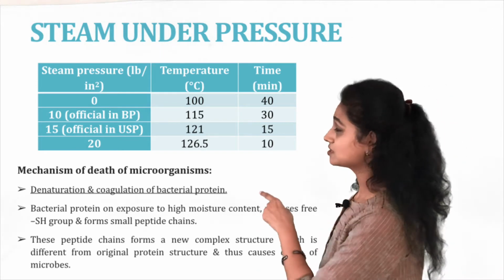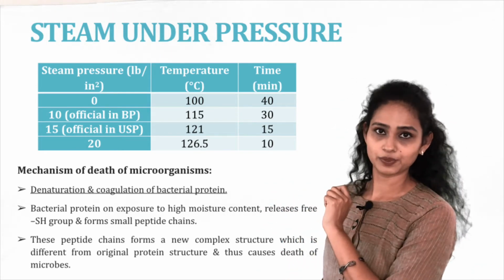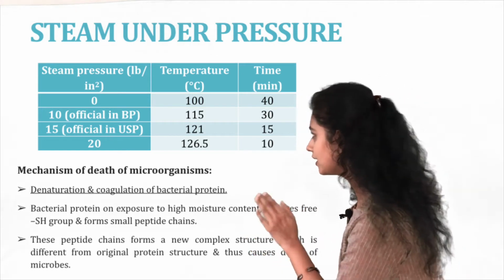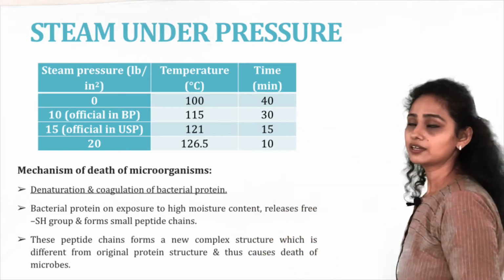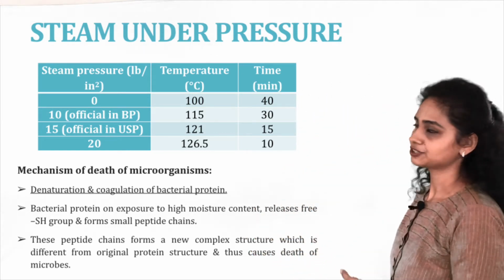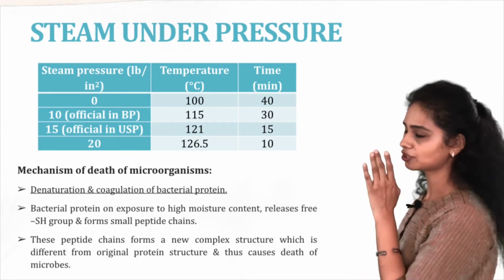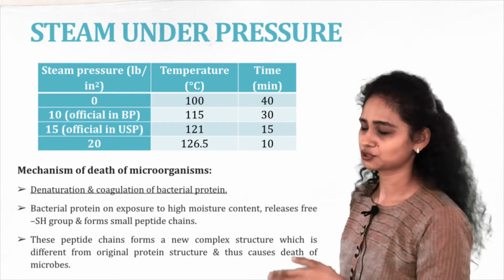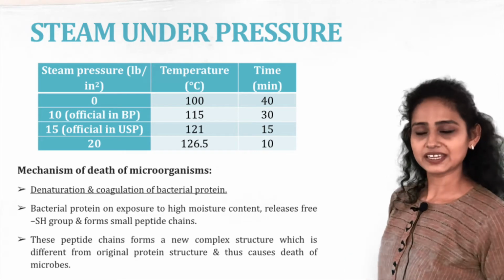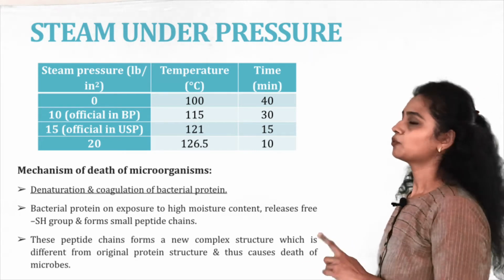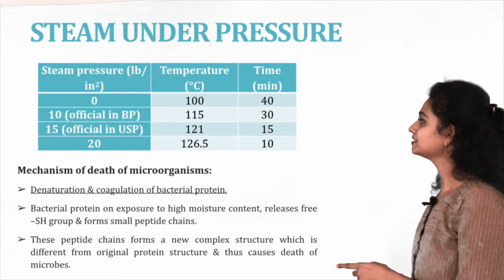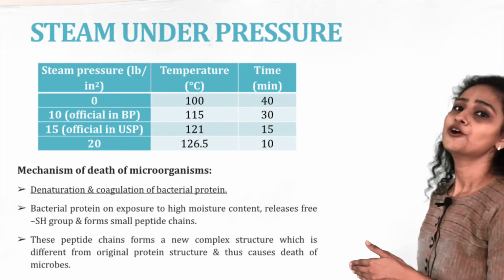This is official in the British Pharmacopoeia, they use these standards. Now, again I am increasing pressure. I am using 15 psi pressure, then the steam temperature which I can achieve is 121 degrees Celsius and the sterilization time again reduces to 15 minutes.